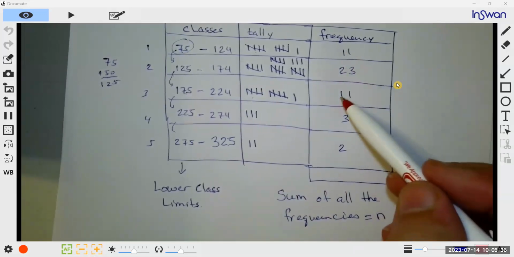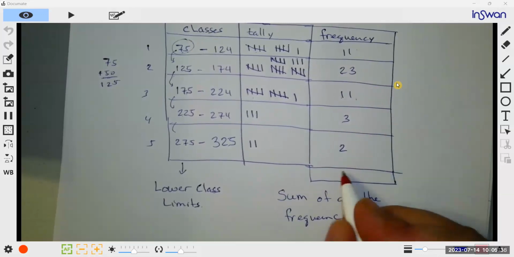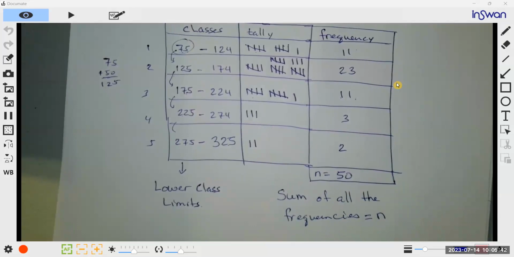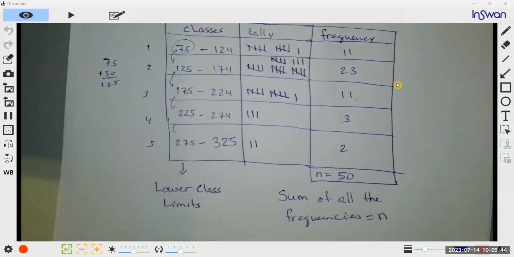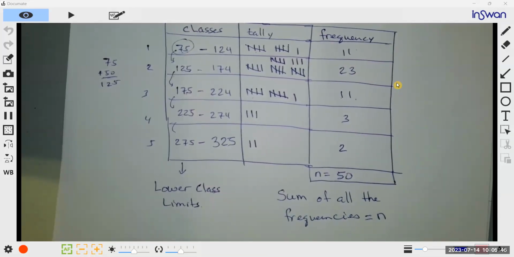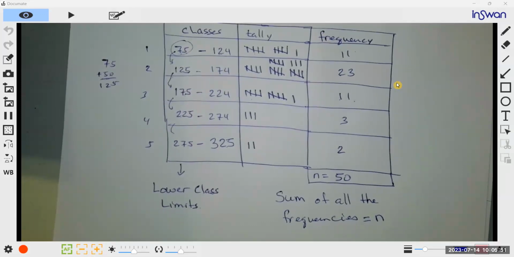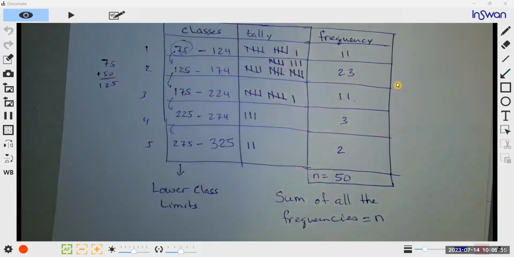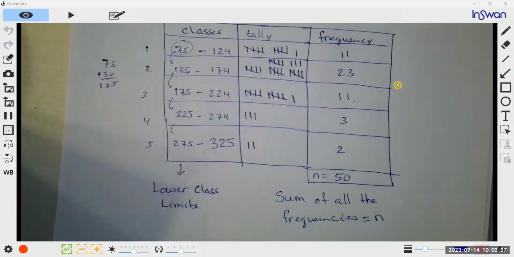So 20, 30, 40, 45, 50. Our n should equal 50. And we counted those and we had 50. So that's the first check and balance that we have. All right, put this away.